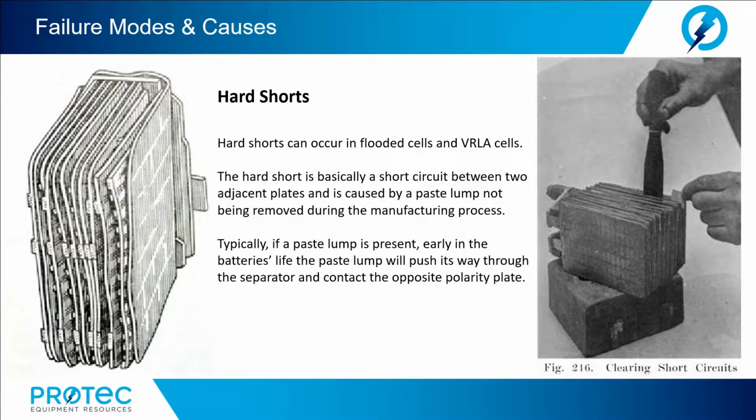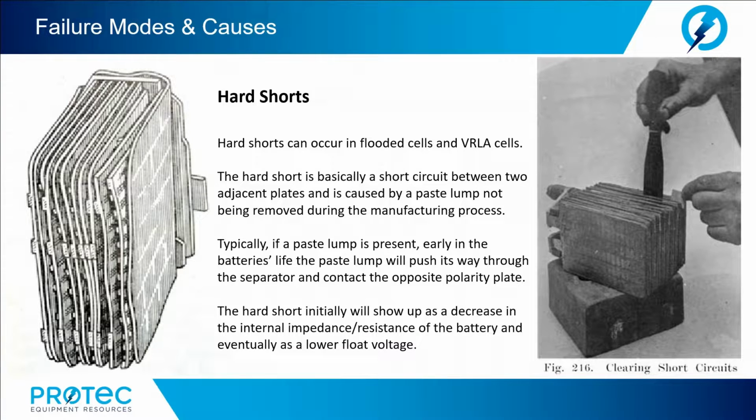Now, typically, if a paste lump is present early in the battery's life, the paste lump will push its way through the separator and contact the opposite polarity plate. The hard short initially will show up as a decrease in the internal ohmic value of the battery and eventually as a lower float voltage.